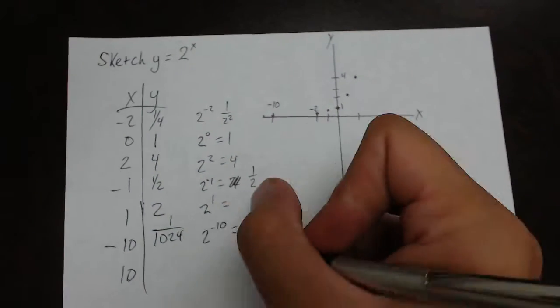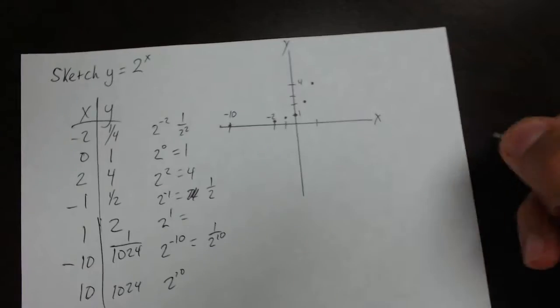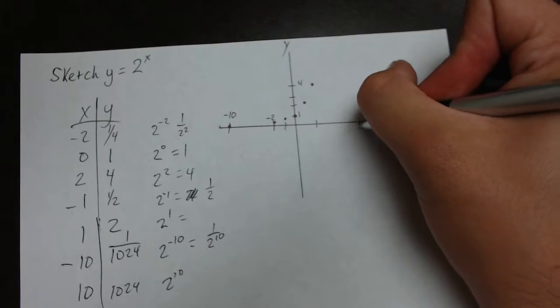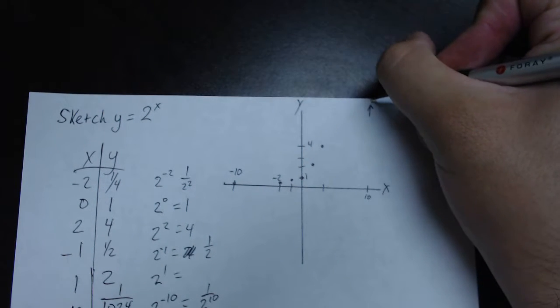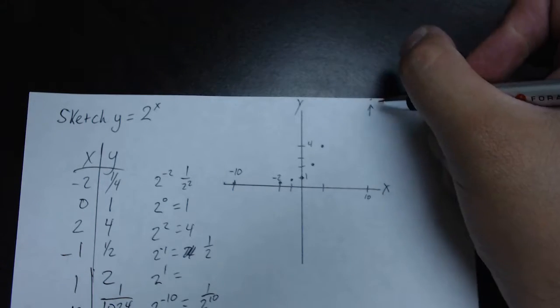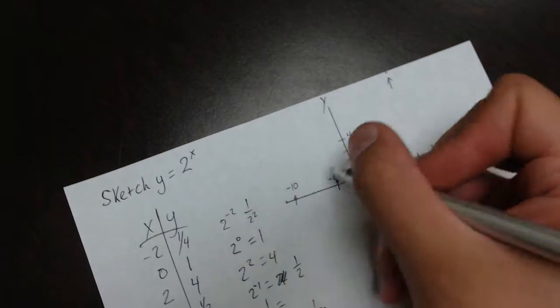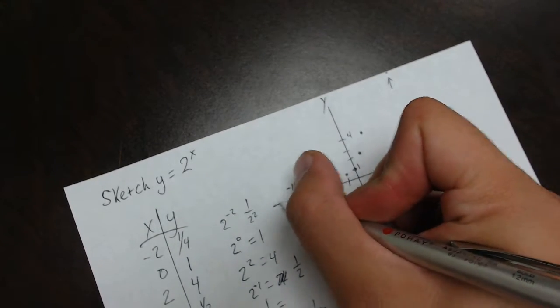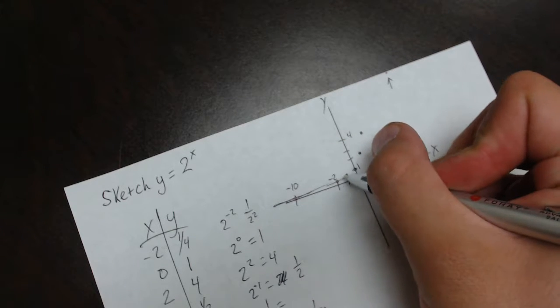Now let's try positive 10, which we already know is going to become positive 1,024. So if we go to positive 10, that's somewhere all the way up. There's a dot up there somewhere. All right. So what we'll see is as our graph moves from the left, it's coming up from 0.